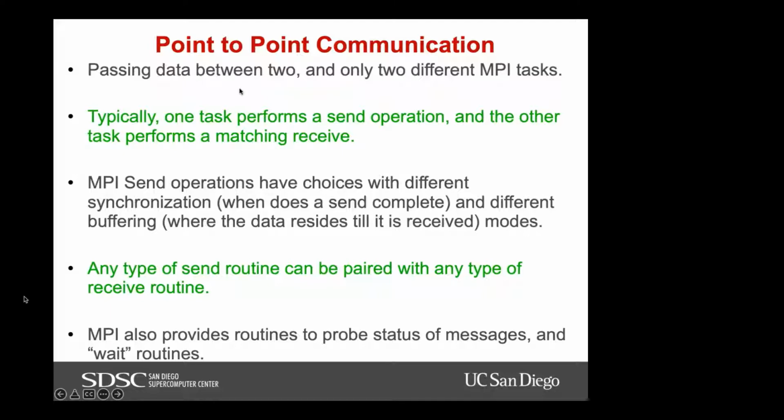This is basically passing data between two and only two MPI tasks. Typically one task performs the send operation, and another performs the matching receive. There are lots of different ways you can do the send, whether it's synchronized or not, or what kind of buffering we want to do, and so on. Any type of send routine can be paired with any type of receive routine.